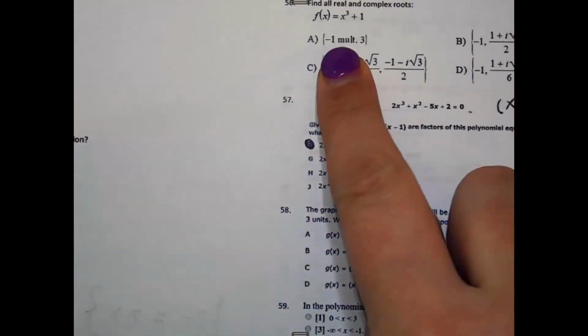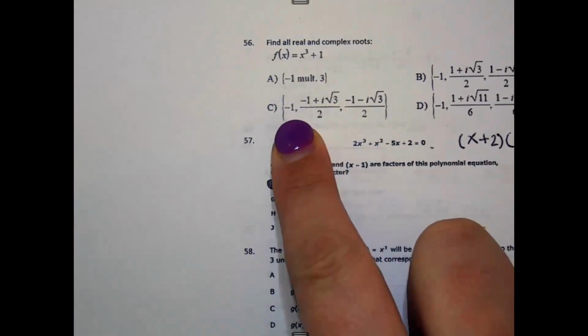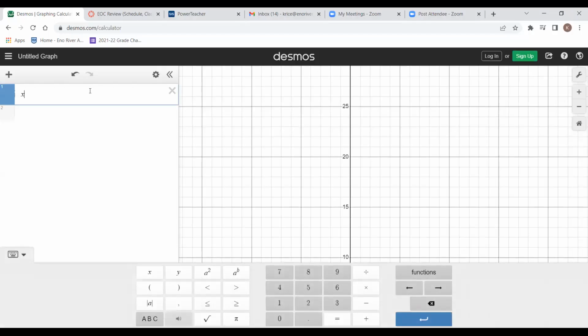So let's go ahead and graph x to the third plus 1, because we want to see if it's -1 with a multiplicity of 3, or if it just goes straight through -1 and we do have complex roots there. I'm going to look at Desmos and see what x to the third plus 1 looks like.